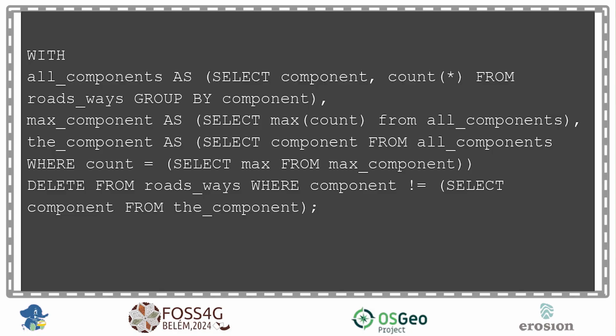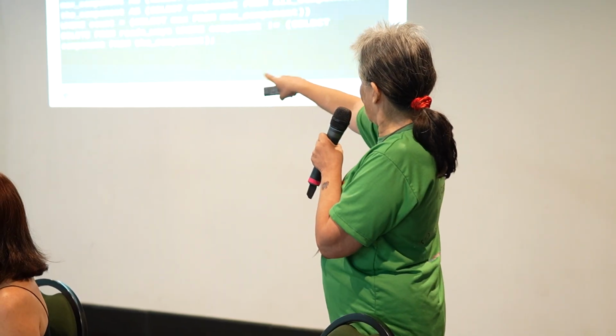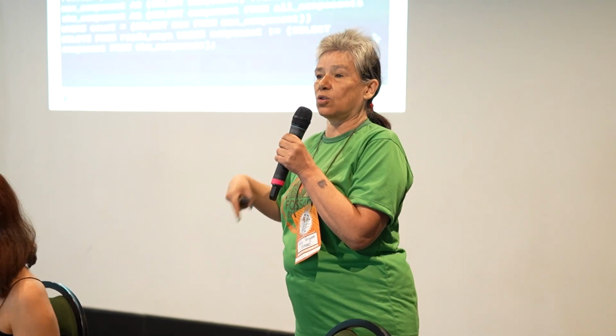So this is a very large function where we're saying these are my components. I want to count how many rows are in that component, get the component that has the maximum count, and then at the end we're going to delete everything that is not on that component.